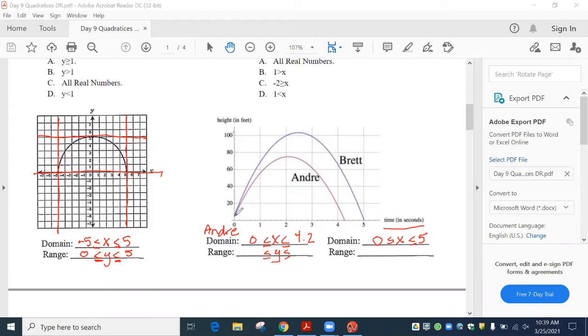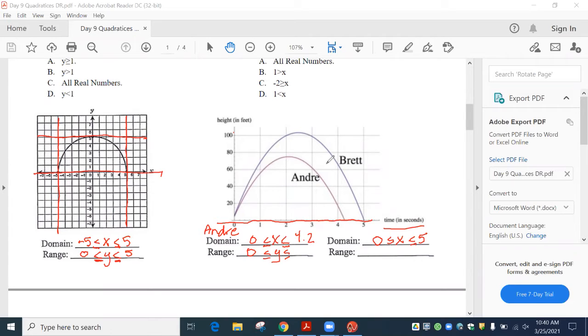Okay. But I'm not going to draw a cropping line at 5 or 6 feet because the ball goes and it eventually hits the ground. So since it hits the ground, it eventually makes it all the way to 0. Does that make sense? So because it hits the ground down here, 0 is the lowest that the range goes because it eventually hits 0.